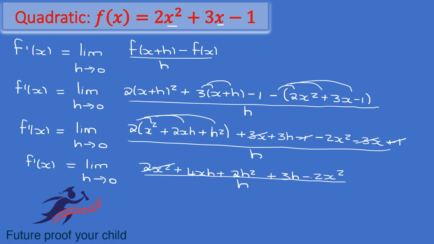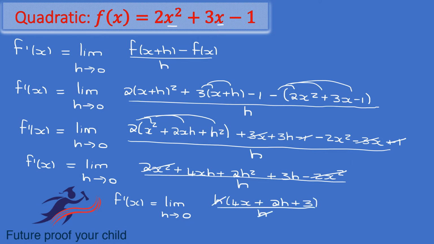2x squared minus 2x squared can cancel, so it's the derivative equals the limit as h approaches 0. Take out h as a common factor on top, so we get 4x plus 2h plus 3 over h.